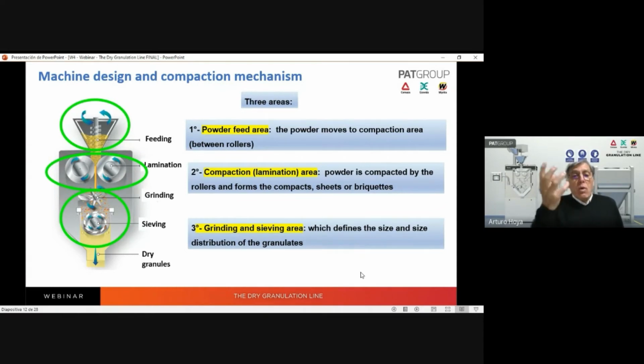So in the same equipment, we have 3 steps: feeding, lamination or compaction, and grinding and sieving. So we obtain the granules that then will be blended with the extragranular excipients, lubricated, and go to the tablet machine in order to produce the final tablets.